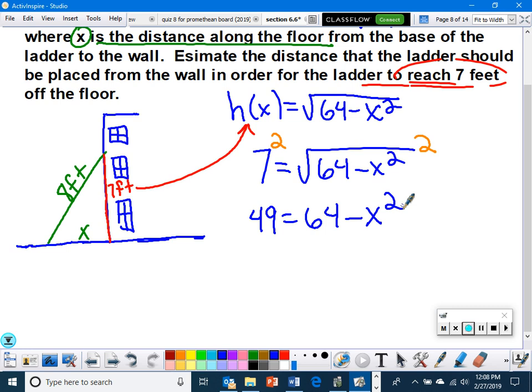Now I'm going to subtract 64. So now I have negative 15 equals negative x squared.